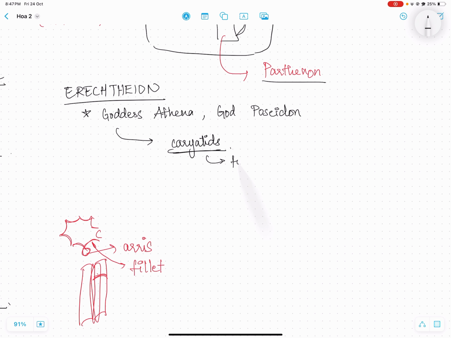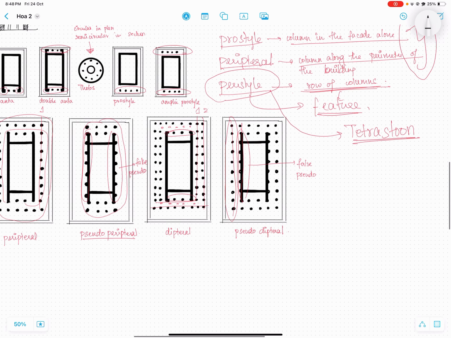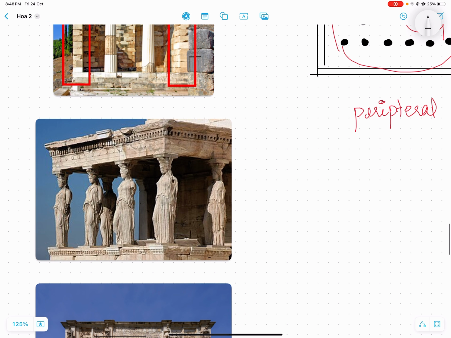Caryatids are female figurines or figures in place of columns. Let me show you a picture of it. So here you can see female figurines in place of columns. So this was predominantly found in the Erechtheion.